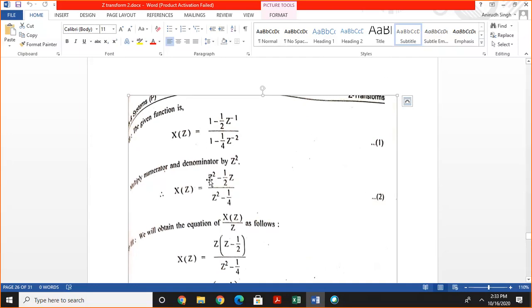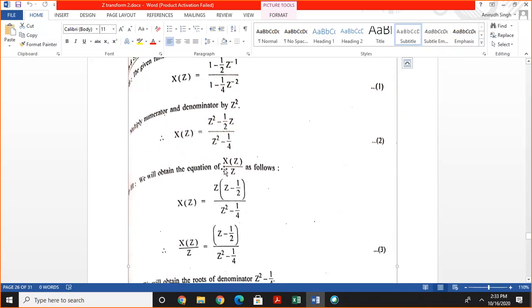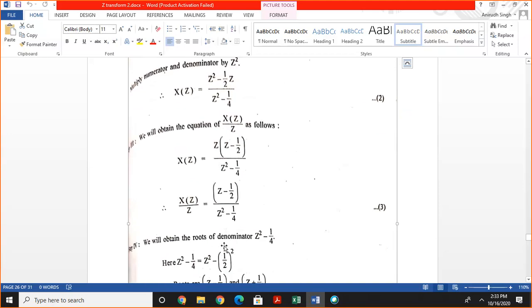Next, obtain inverse z transform of following expression when ROC or mod of z is greater than half. Here a naught is 1, order of denominator is 2, order of numerator is 1.